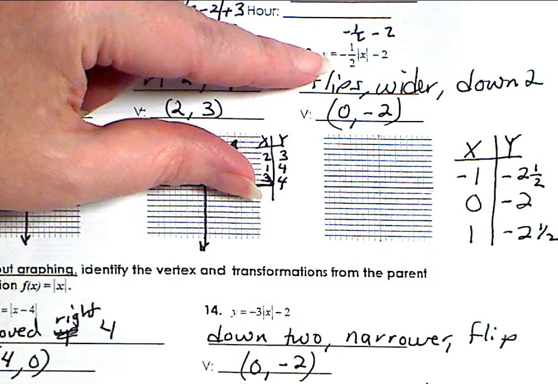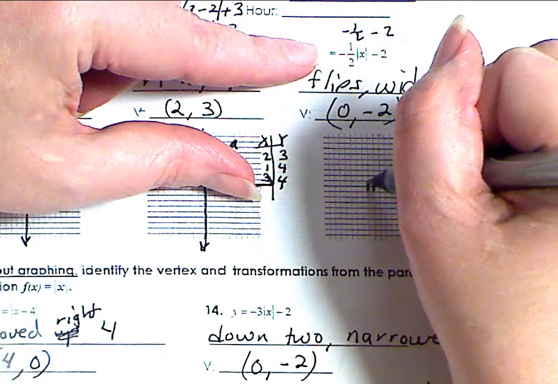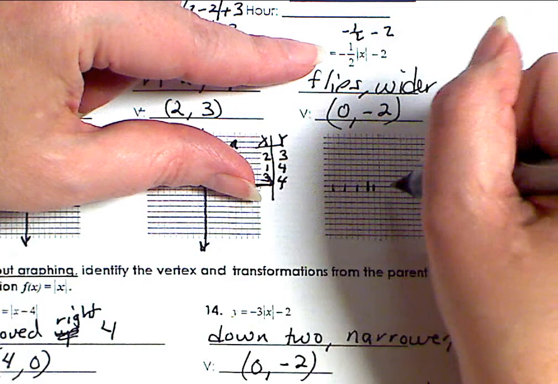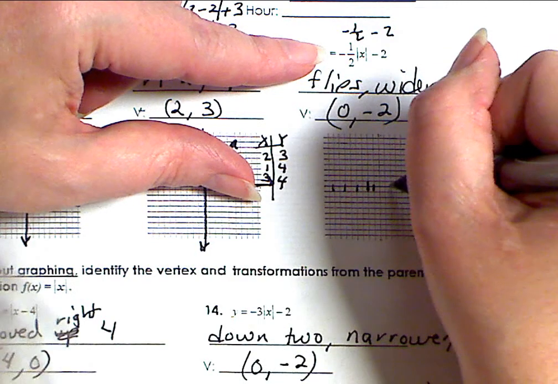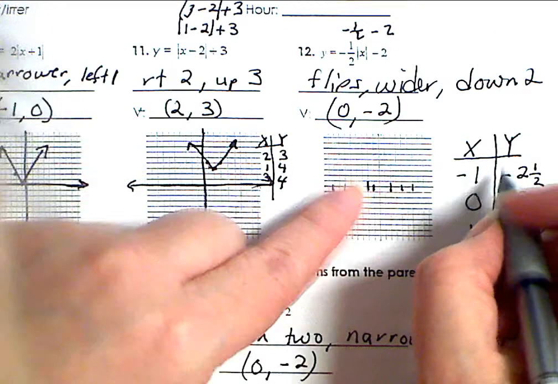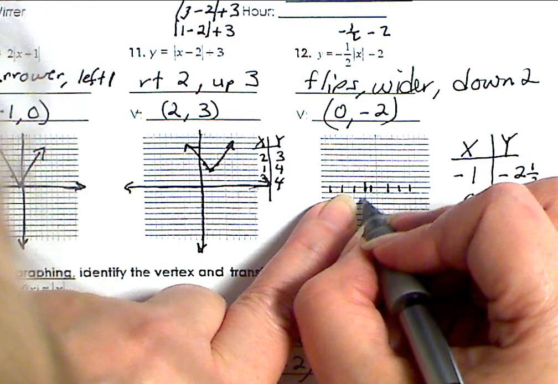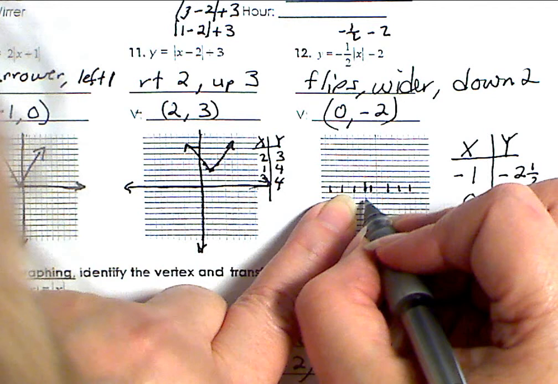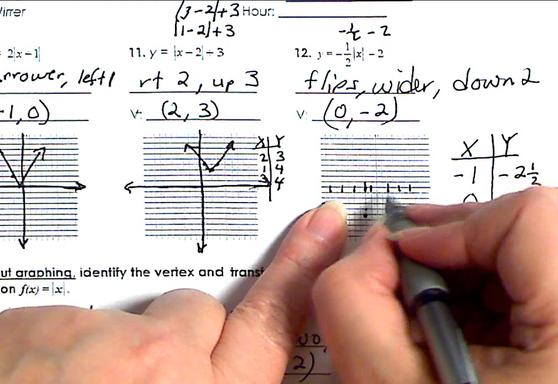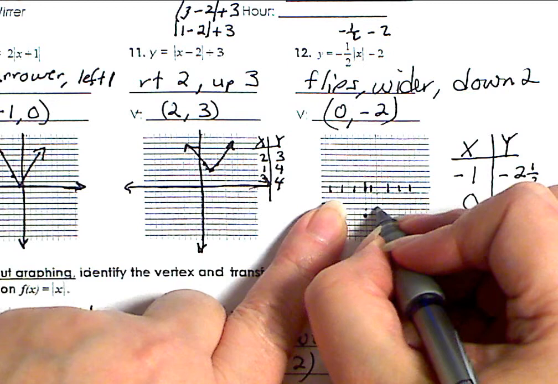On this one I'm going to go half 1, half 2, half 3, half 4, just so I can see. -1 is there, and then I'm going to go down: 1, 2, 3, 4, half. 0, -2. And then the other one's over here.